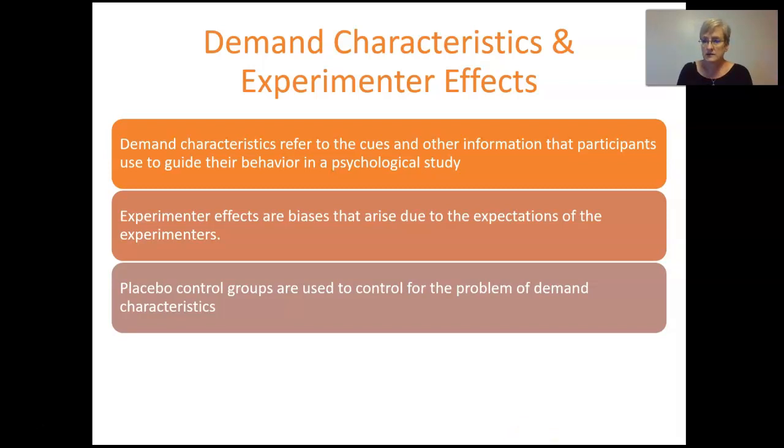In other kinds of research designs, we still use the word placebo, but we just mean that the participants are going to be receiving a quote-unquote treatment, but it's not of the kind that we expect to have the same kind of outcome as the independent variable.